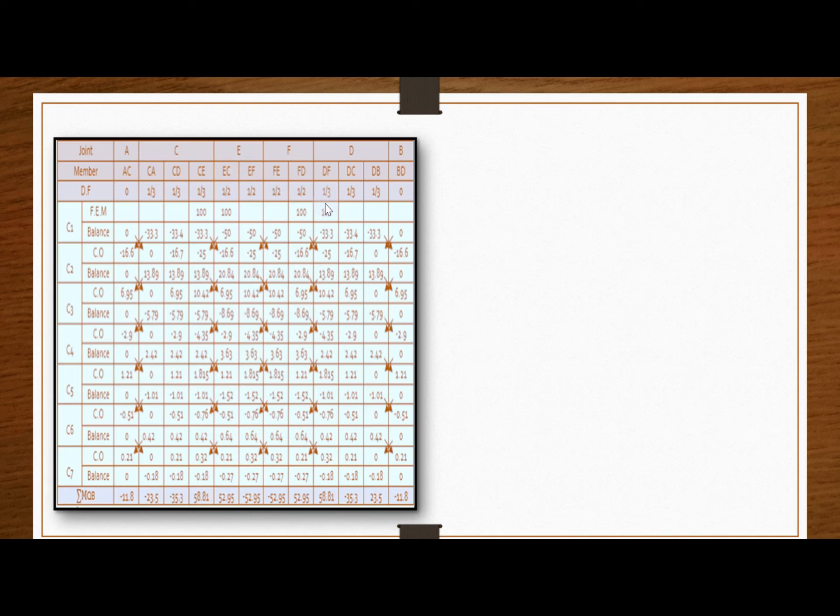So, in-input lang natin dito sa table. So, gagawa tayo ng example. Same ng process sa table 1, which is 100 times fixed end moment, which is 100 times distribution factor na 1/2.